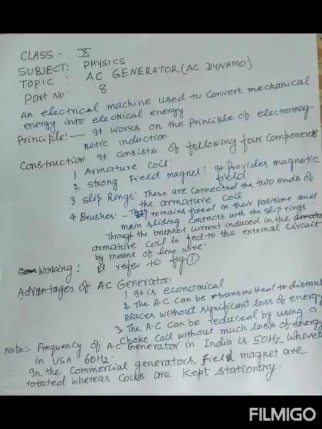The frequency of the commercial generator in India is 50 Hz, whereas in USA it is 60 Hz. One main point: generally in an AC generator the armature coil rotates, but in the commercial generator the field magnets are rotated, whereas the coils are kept stationary.